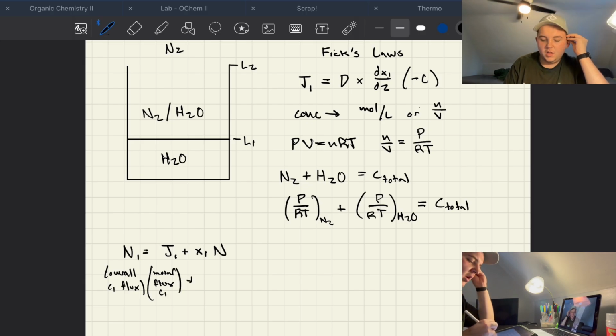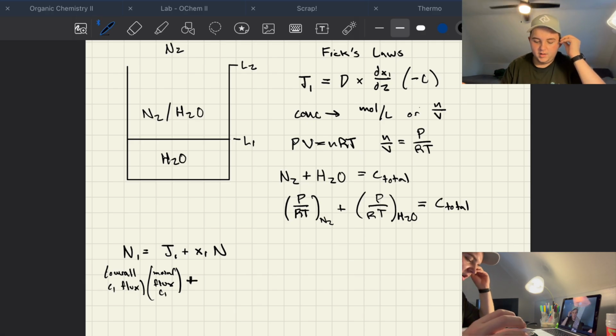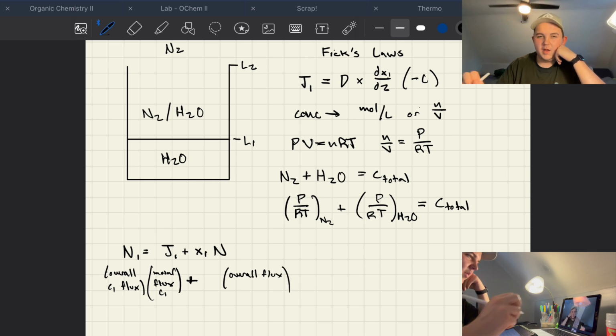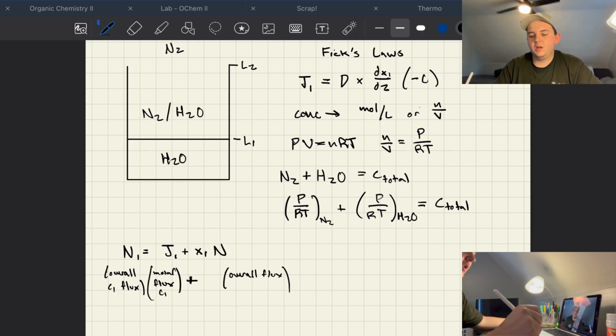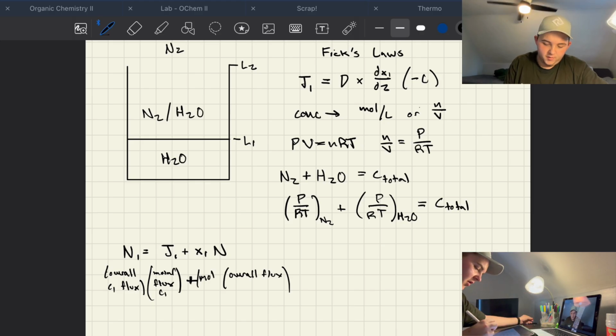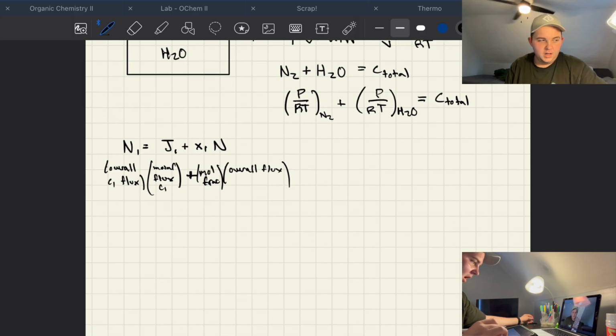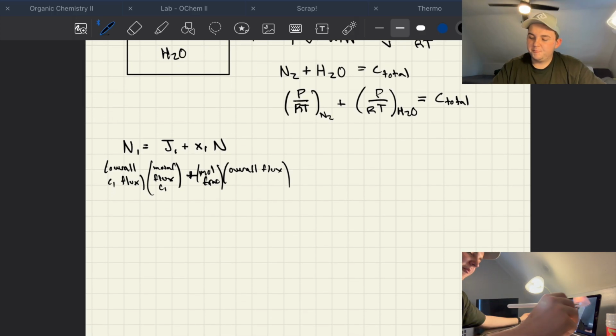And N is our overall flux, in this case of components 1 and 2, but possibly more if you have a bigger system. And x1 is our mole fraction. So that explains the law we have going on here.